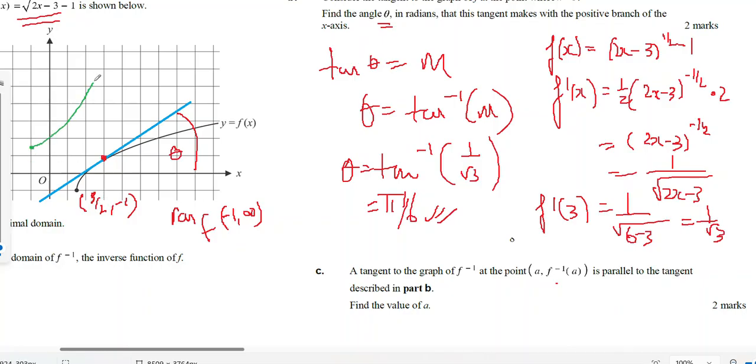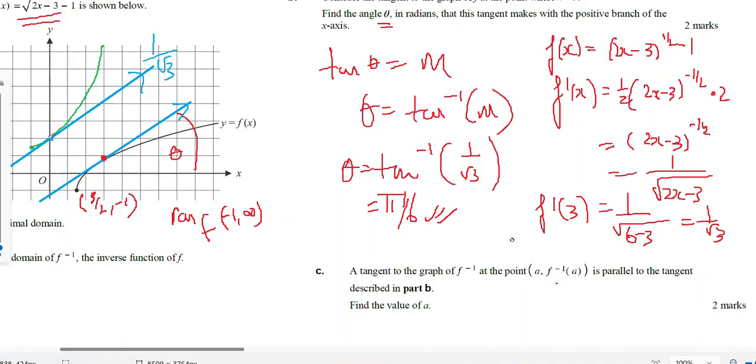It's going to look something like this. But it's going to have the same gradient as this other one. So this is going to have a gradient of 1 on root 3 as well.